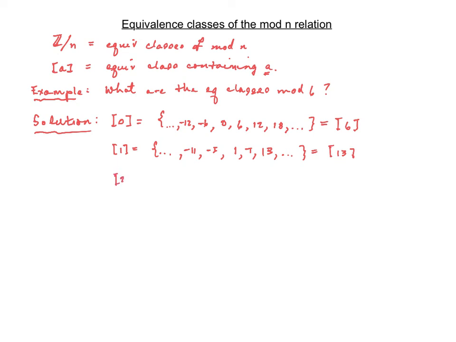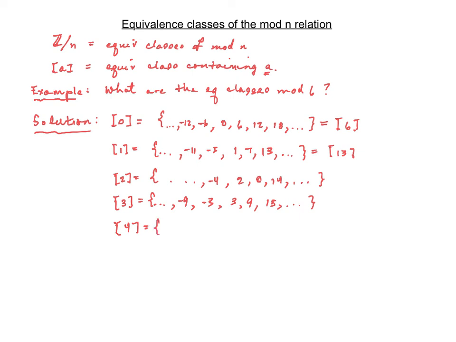And then we keep going. So 2, for instance, includes 2 and all of the numbers that differ from 2 by a multiple of 6. So 3, so we keep going on our way here.